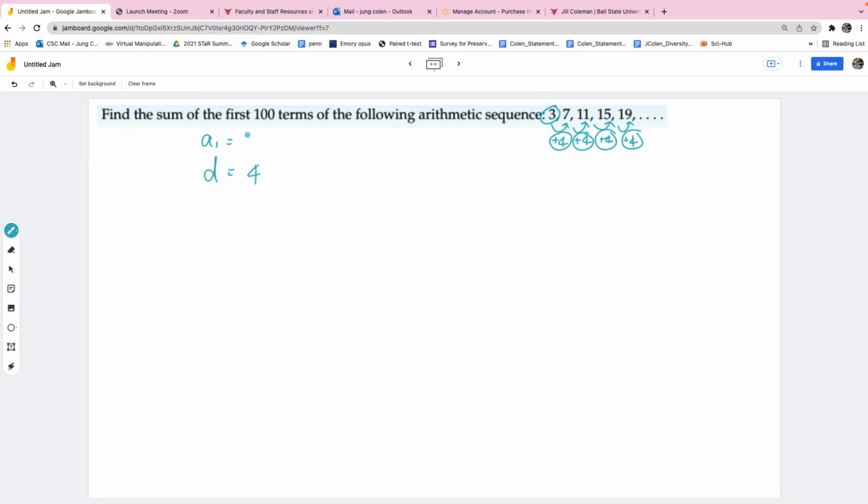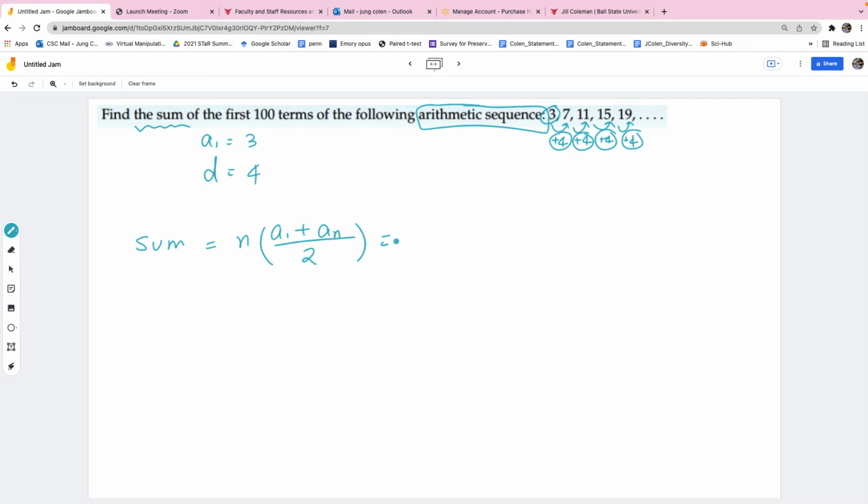That's the first term, right? And it is an arithmetic sequence because we are adding the same number, which is 4 in this case. Now it says you need to find the sum. So the sum of an arithmetic sequence for the nth term, what is the formula that we found? It is n times the first number plus last number divided by 2.